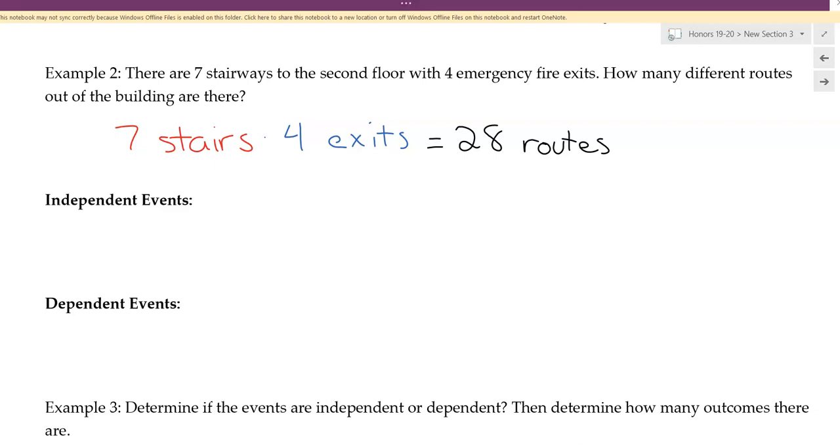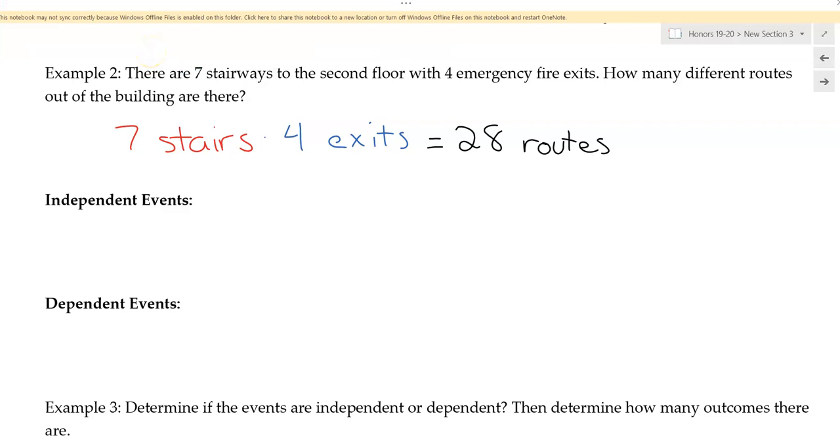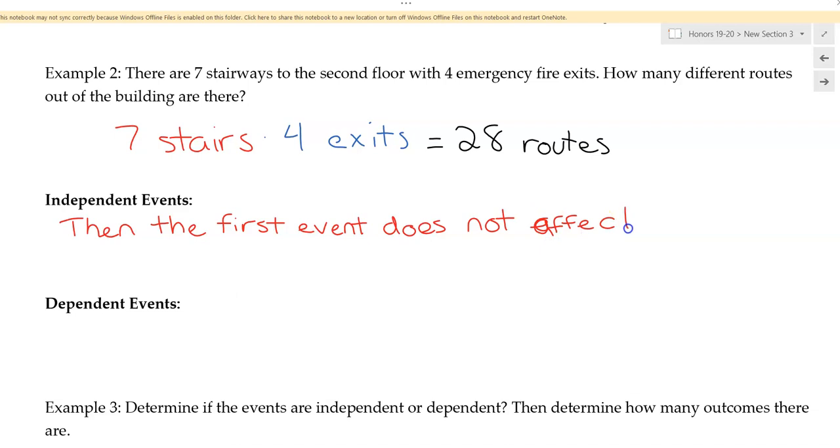So then we're looking at independent or dependent events. And what independent or dependent events are is, if an event is independent, then the first event does not affect the number of outcomes for the second event.